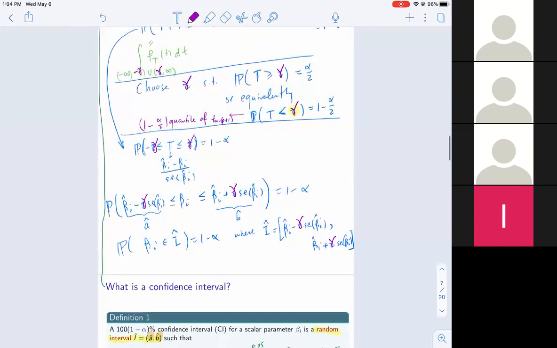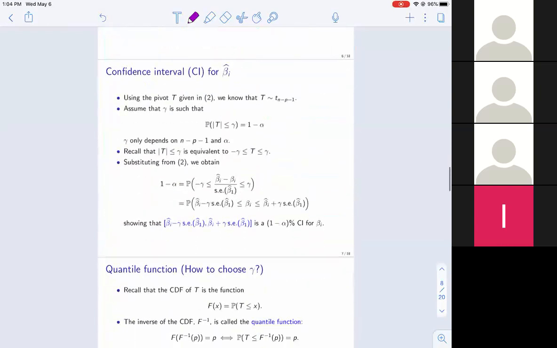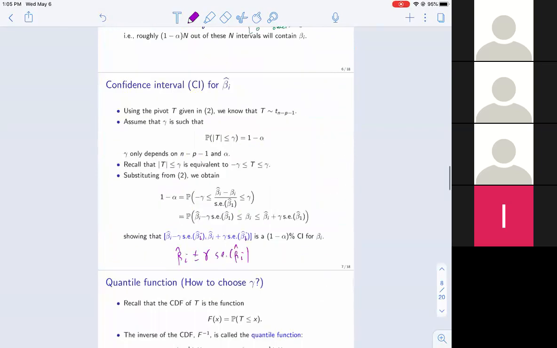So this is basically the same idea, and you can see that's the interval. Sometimes we write it simply as beta hat i plus or minus gamma times the standard error of beta hat i.